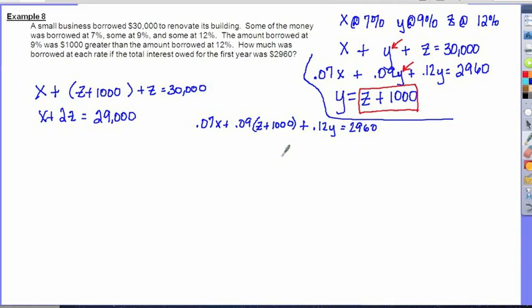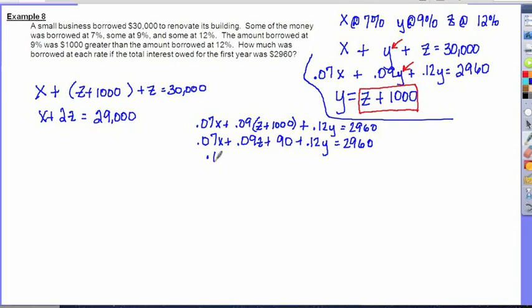Let's simplify this a little bit. Distribute the 0.09: 0.07x plus 0.09z plus 0.09 times 1,000 is 90, plus 0.12y equals 2,960.